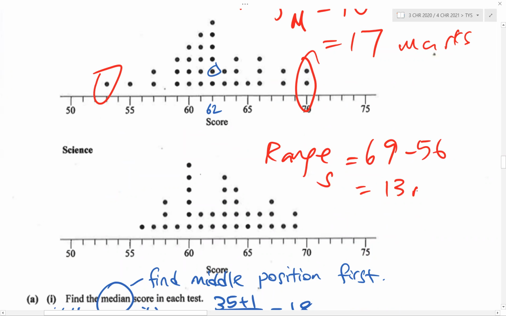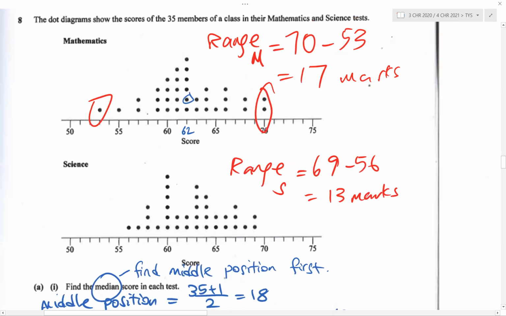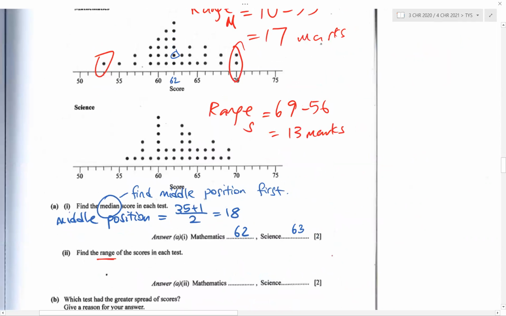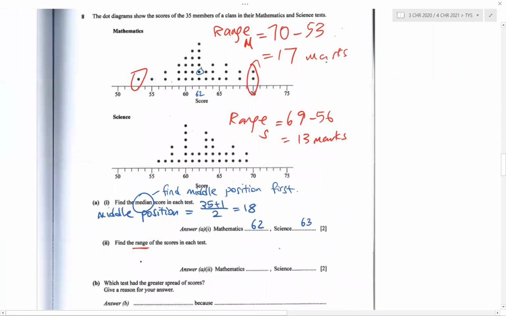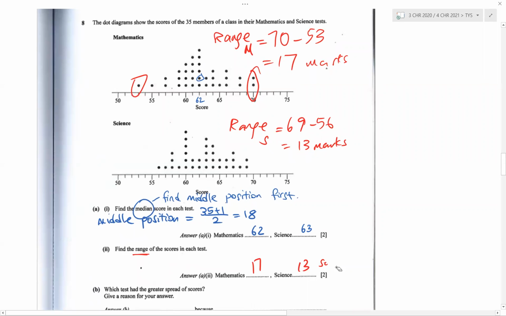We have 13 marks. So these are the respective ranges, 17 and 13 marks. They use the word score, so you use the word score as well. In this case, you don't need the units.